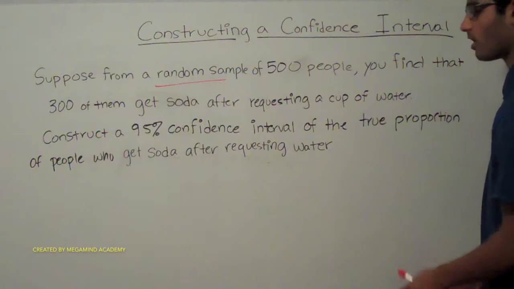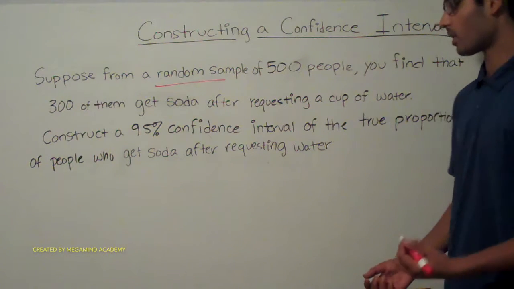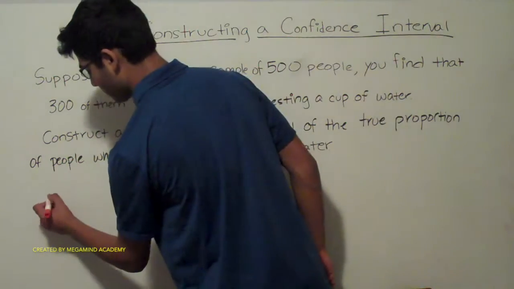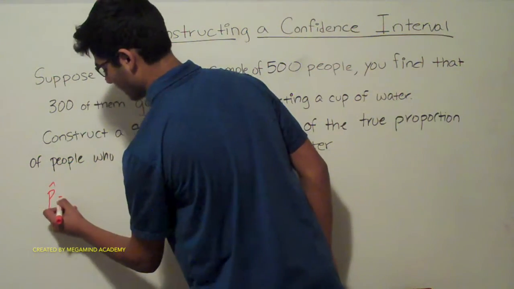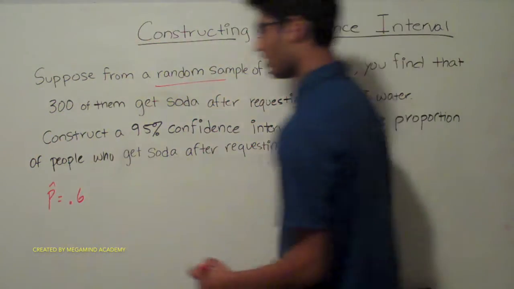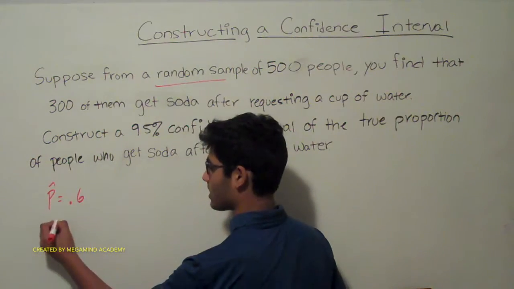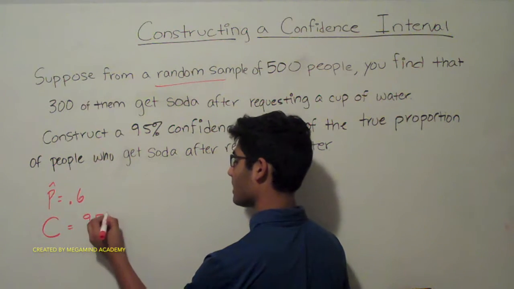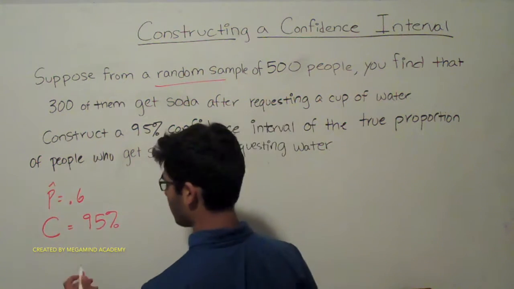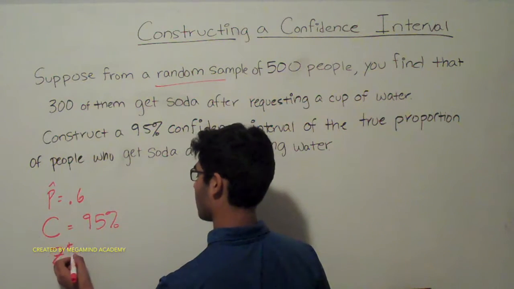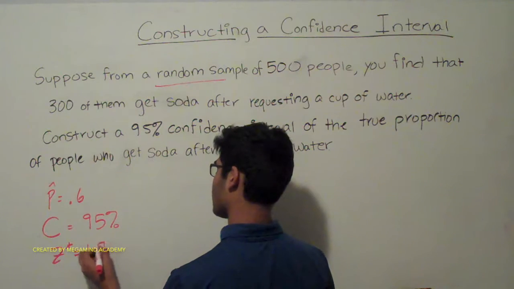So, the best way to start one of these problems is just to label, or put down, whatever you have. So p hat is equal to 0.6. We know our confidence level C is 95%, which means that our z star is 1.96.